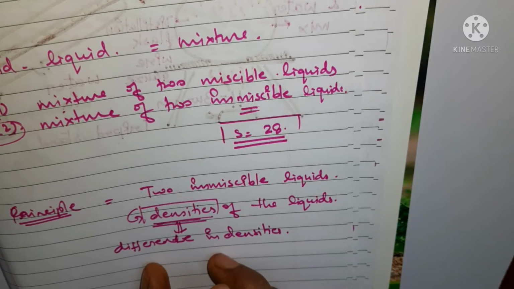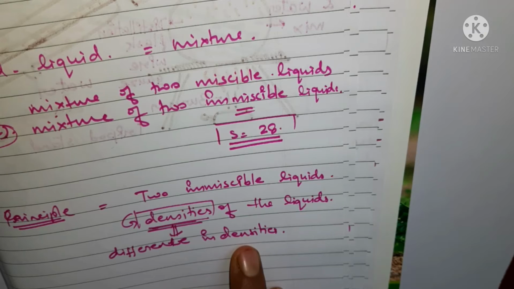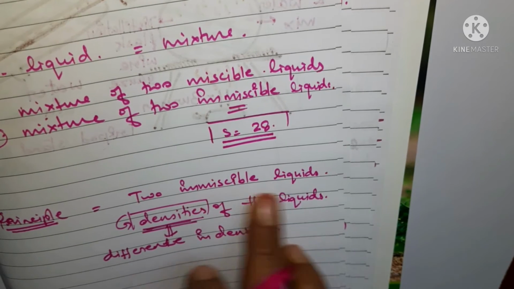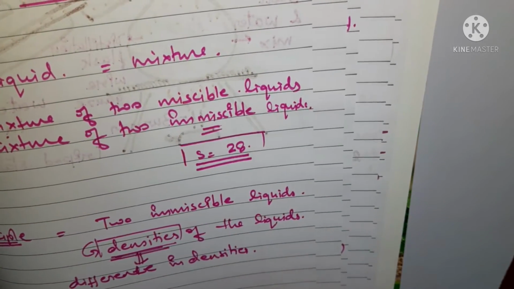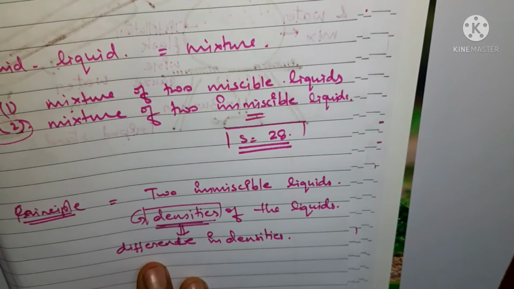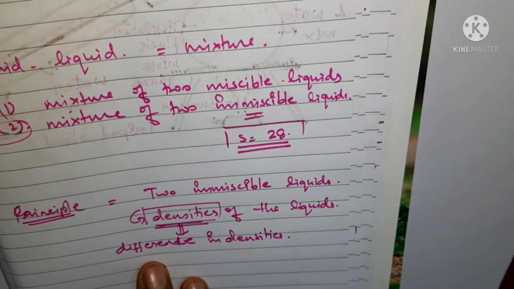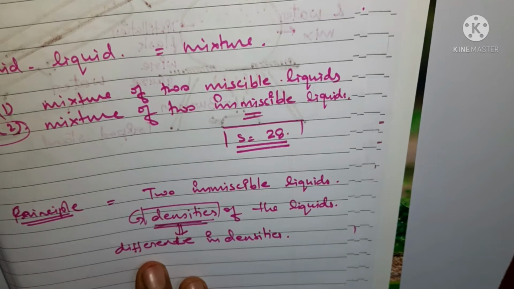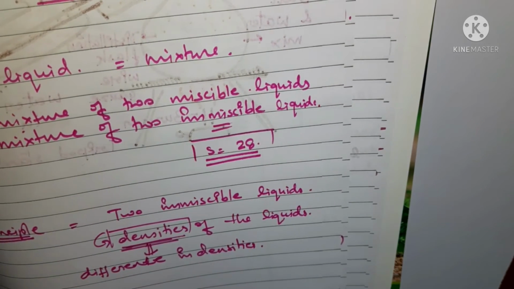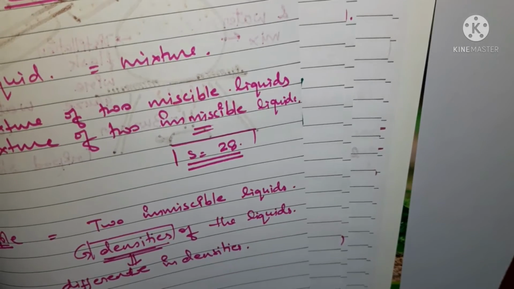Because they are immiscible liquids, the liquid which is heavier in density will settle down, and the liquid which is lighter in density will be above the heavier liquid, and we can separate them very easily in that way.